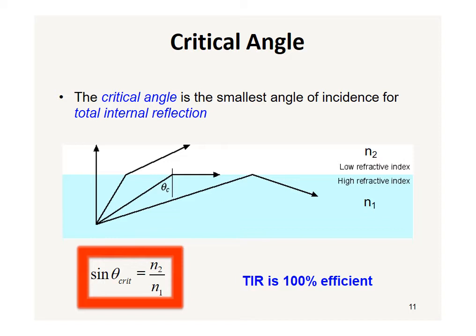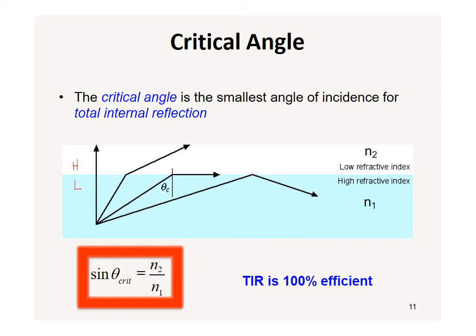Now, in the normal situation, when light is traveling from a low refractive index to a high refractive index, any angle of incidence will result in an angle of transmission.